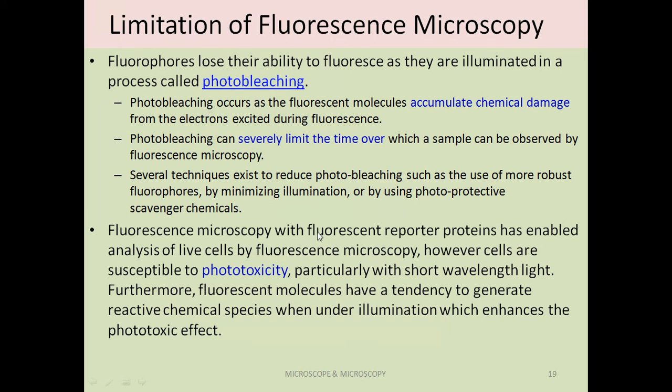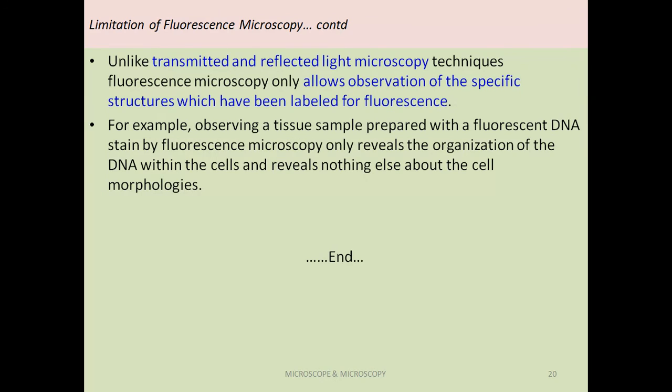Fluorescence microscopy with fluorescent reporter proteins enables the analysis of live cells. In fluorescence microscopy, the cells are susceptible to phototoxicity. So if you add more dyes, then toxicity may occur, particularly at shorter wavelengths. Moreover, fluorescent molecules have a tendency to generate reactive chemical species under illumination, which enhances the phototoxic effect.